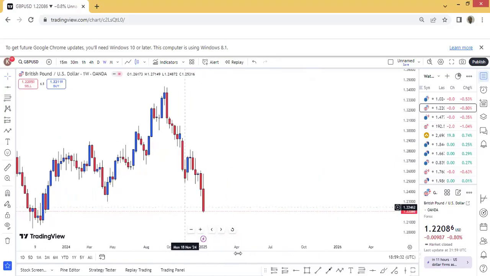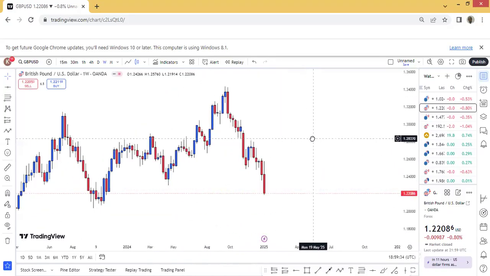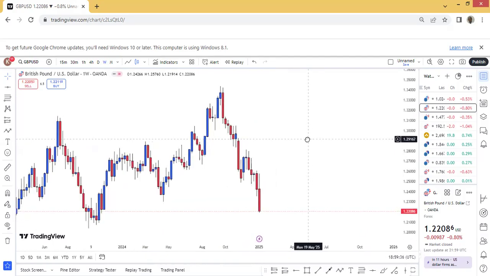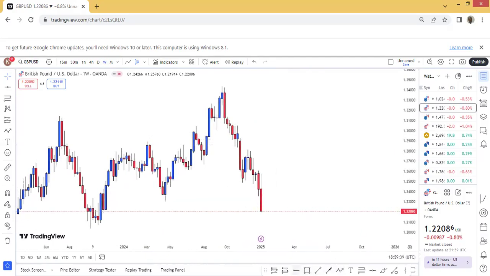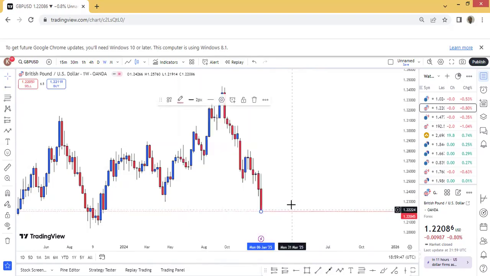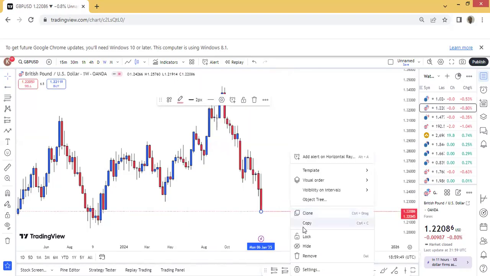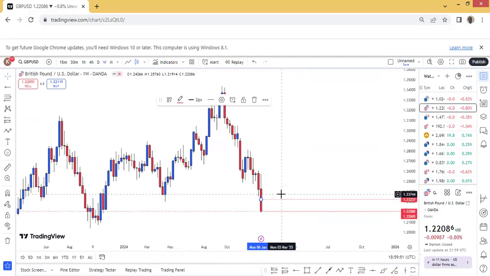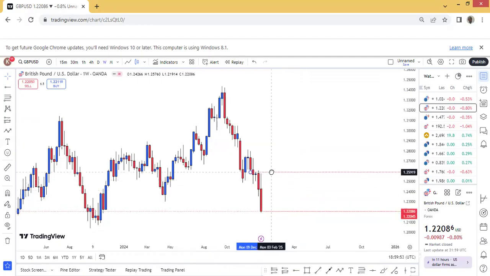Yeah, this trend is very strong. So on the weekly, we formed a new low. So these are lower lows, and these will be our lower highs.